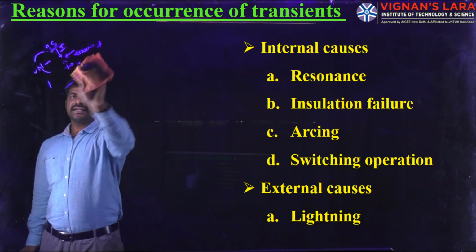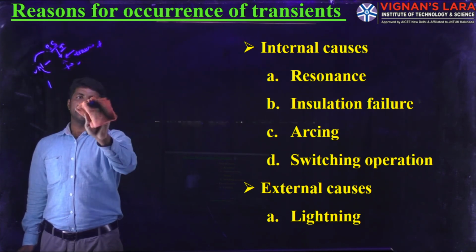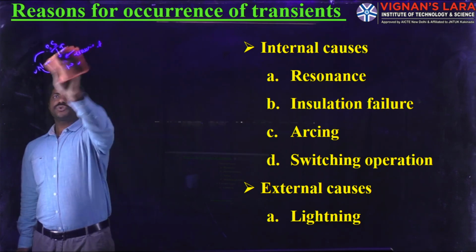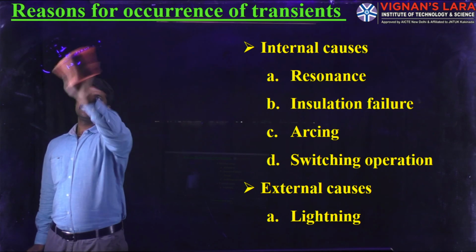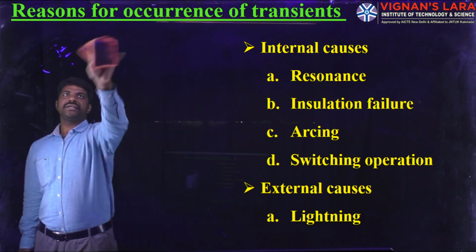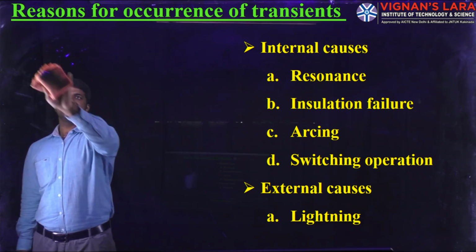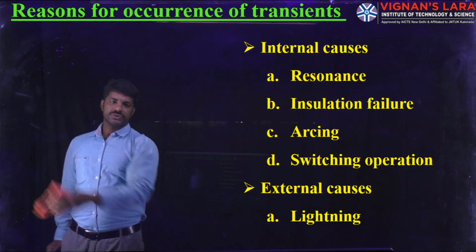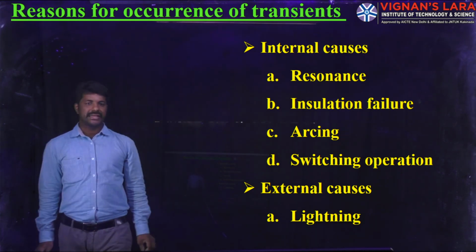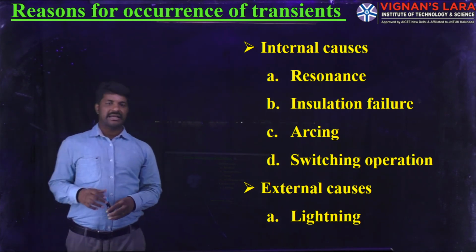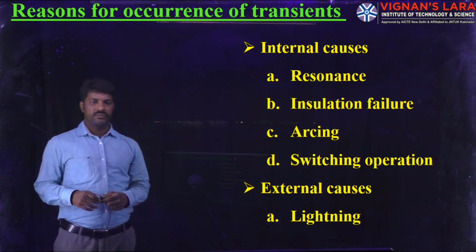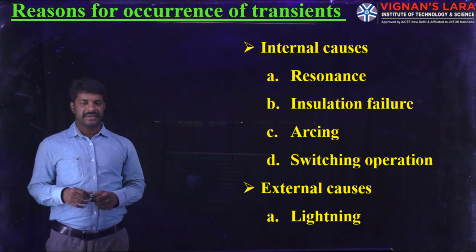In the inductor and capacitor, the energy is stored so that those two participate in the resonance. In that resonance, the magnitudes of voltages and currents go on changing. Changes of magnitude we technically define as a transient. So that is one of the reasons for occurrence of the transient, what we call an internal cause.